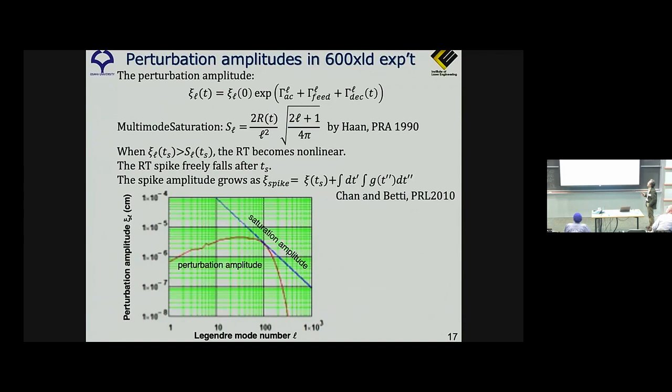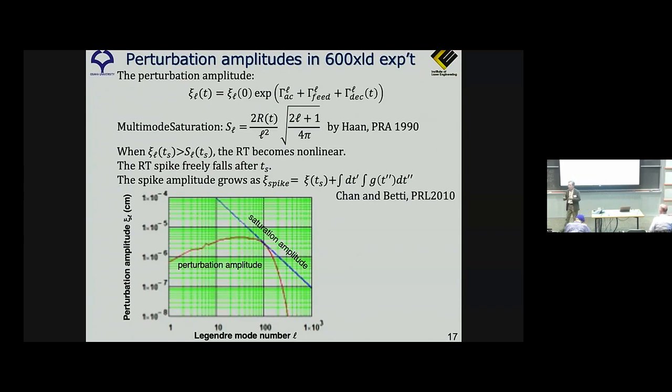And if this amplitude exceeds the multimode saturation amplitude, SL, proposed by Stephen Hahn, he developed a theory to predict saturation amplitude if there are many modes, not a single mode.